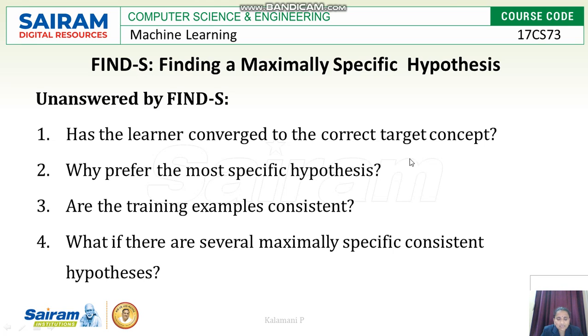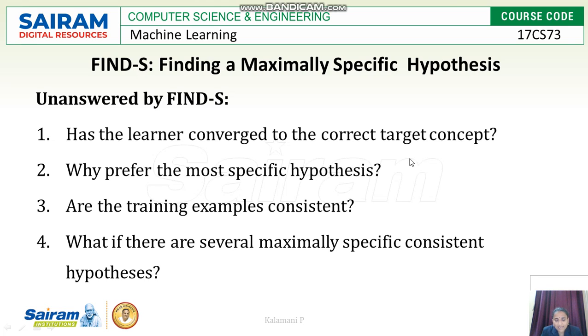Another drawback in the Find-S algorithm is that when we move from the most specific hypothesis to a more general hypothesis, only positive training examples are taken, no negative training instances. That is a drawback.